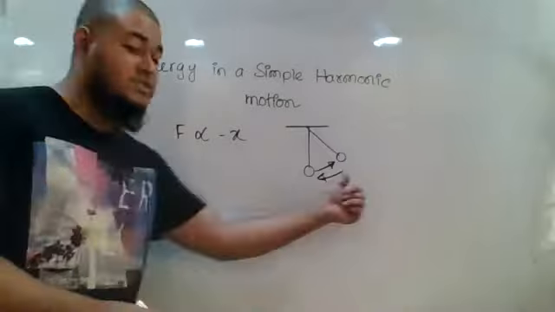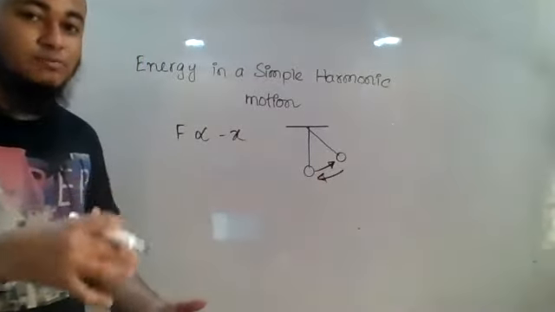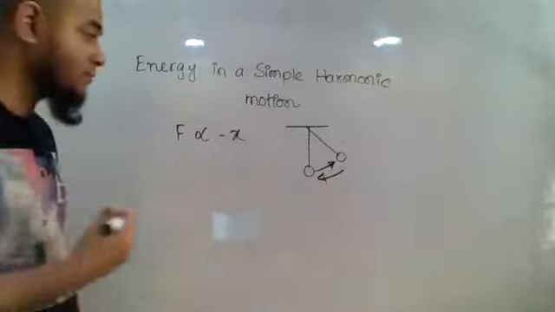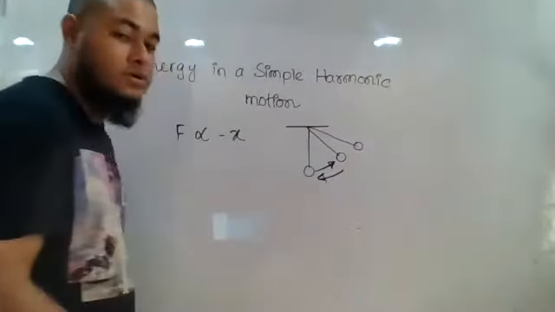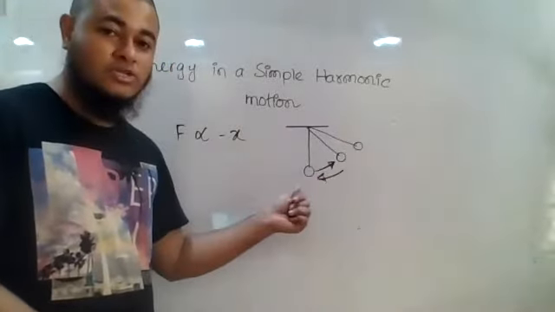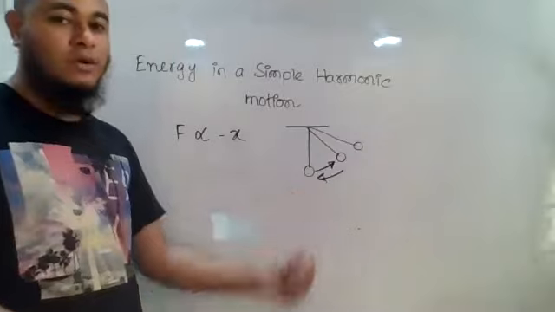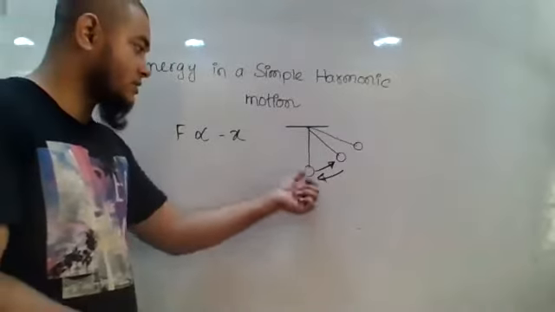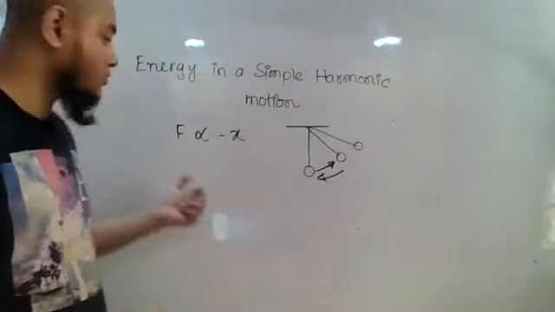Now the force that will be generated within the pendulum to come back to this position is proportional to the displacement. See, as I increase the displacement, a greater amount of force will be felt by the pendulum to come back to this position. So as the displacement increases, the force increases to come back to this position. Always from the equilibrium position, the displacement x is proportional to this force.